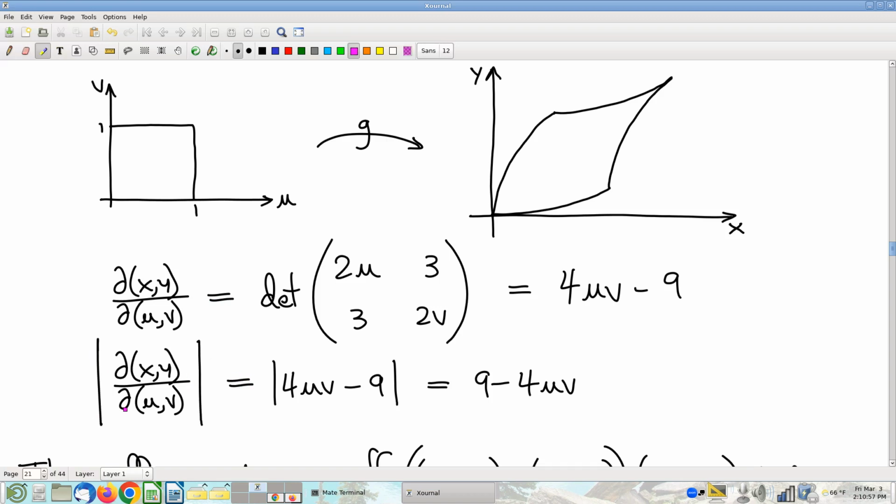What else am I going to do? Specifically, given our Jacobian determinant, how am I going to figure out whether 4uv minus 9 is positive or negative? If u and v were big, this could be positive. If u and v are small, then this could be negative. Seems like it could go either way.